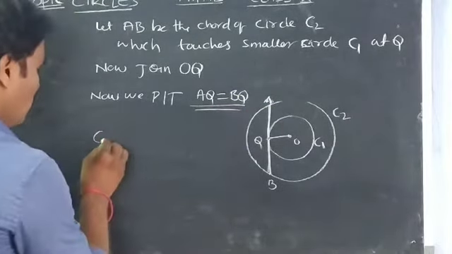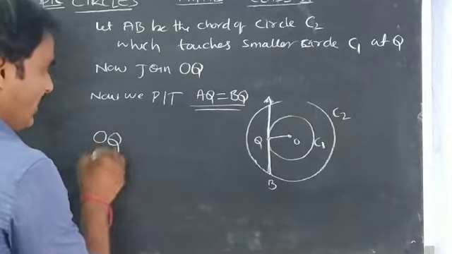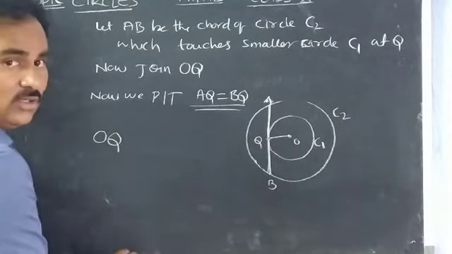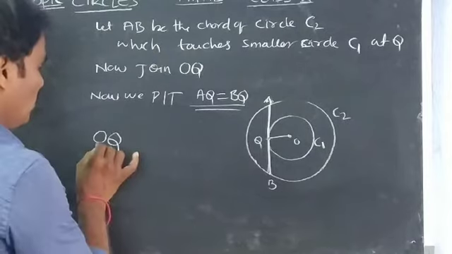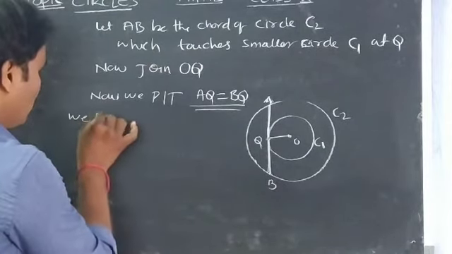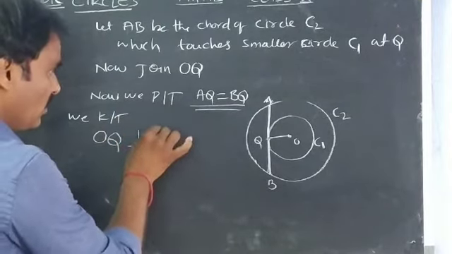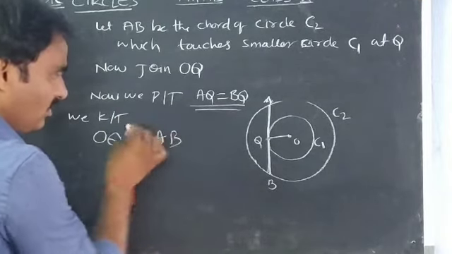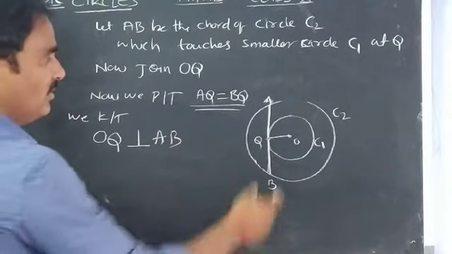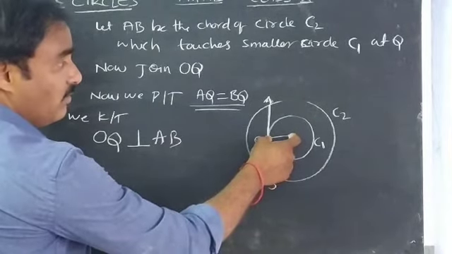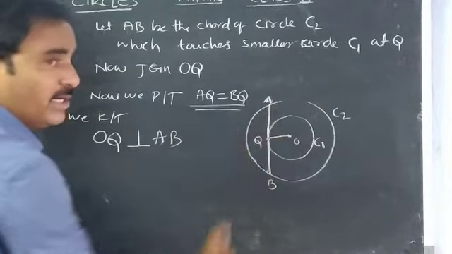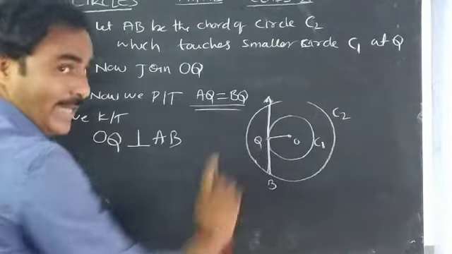Further, see here. OQ joins O and Q. O is the center and Q is the point of tangency. So we know that the line joining the center and the point of tangency is always perpendicular to the tangent AB. Why? Because the line joining the center and point of tangency is always perpendicular to the tangent.